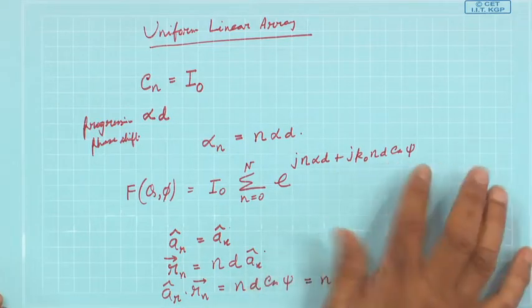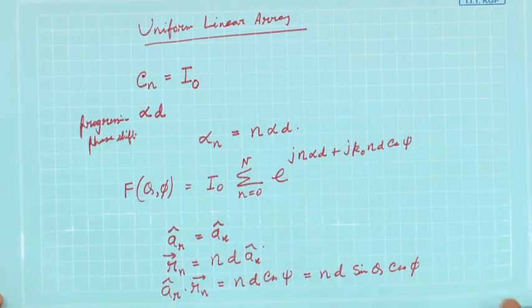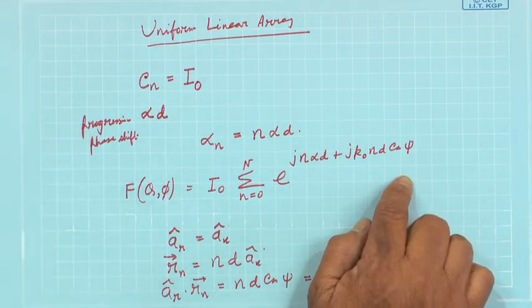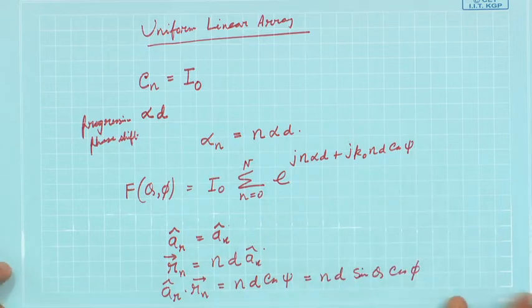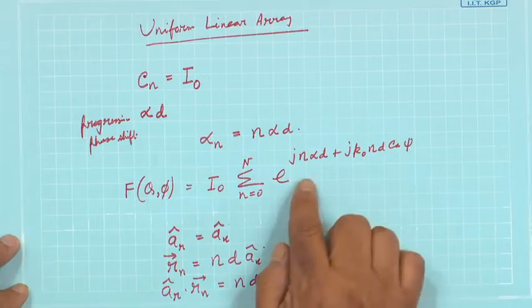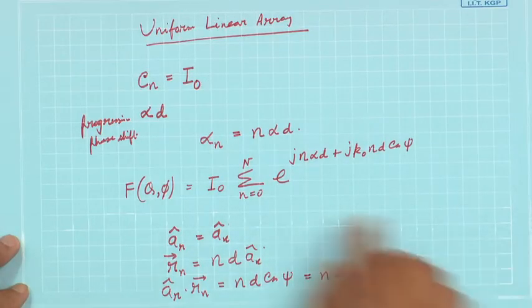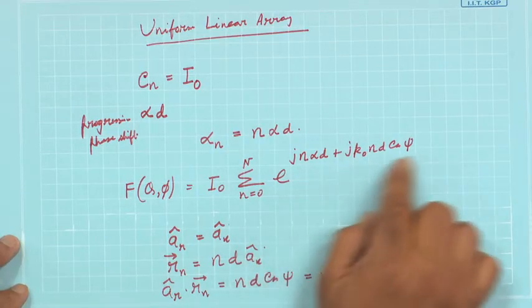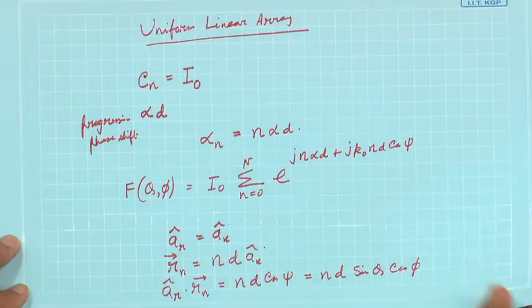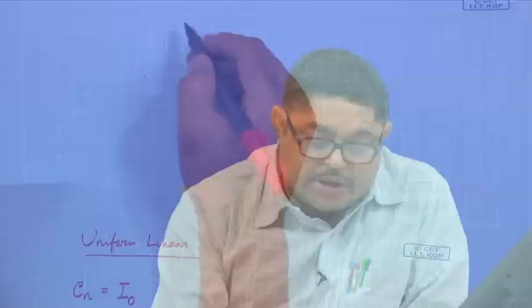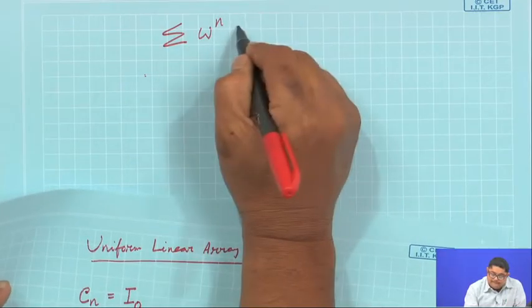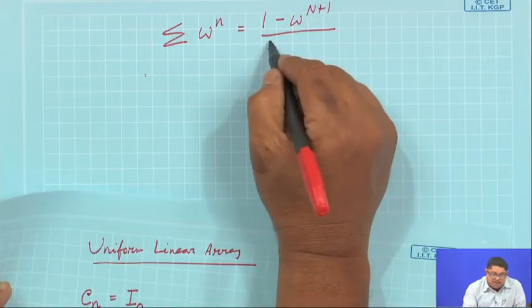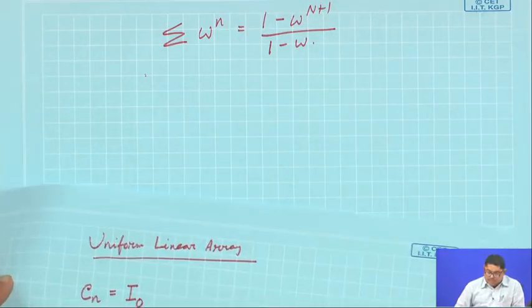Okay. So, I can put this, and what is this? This is a geometric series. In a geometric series, we have the geometric ratio. Suppose I have the sum; what is the value? 1 minus omega to the power, since I have n plus 1 terms.